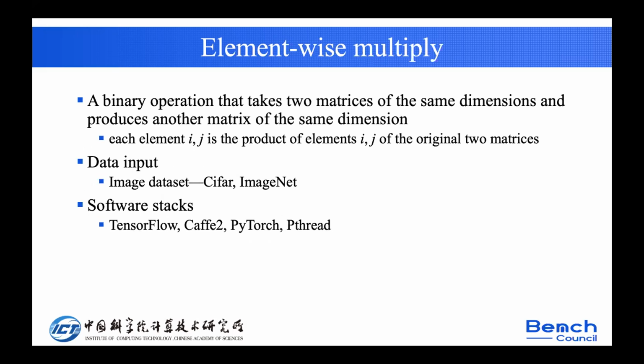Element-wise multiply is a binary operation that takes two matrices of the same dimensions and produces another matrix of the same dimension. Each element i, j is a product of elements i, j of the original two matrices.